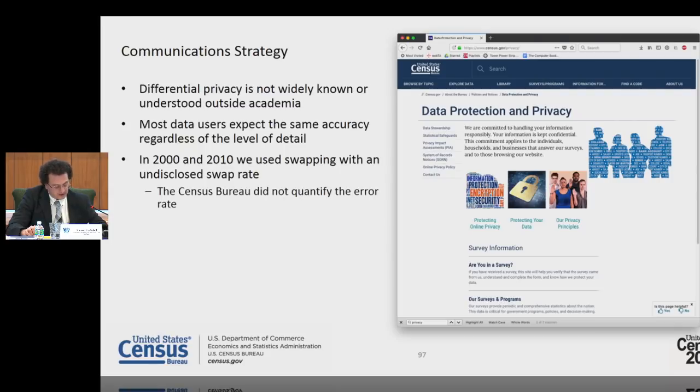For example, they expect that statistics per census tract will have the same accuracy as statistics for a state. This was not the case in 2000 and in 2010 because of swapping, but we did not do a very good job of making that clear to our data users. Indeed, in 2000 and 2010, we did not disclose the swap rate, and we did not quantify the error rate that swapping introduced.